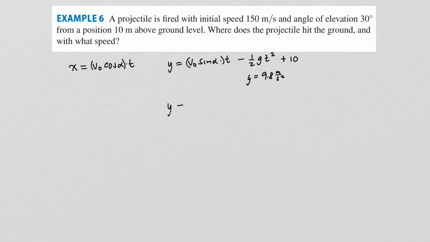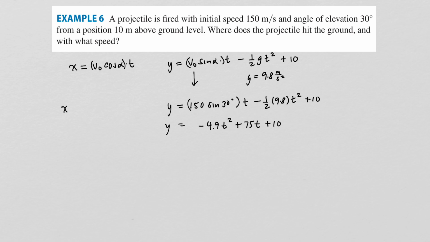So we have y is equal to v naught, which is 150, times sine of alpha, which is the sine of 30 degrees, all this multiplied by t, minus 1/2 times 9.8 times t squared, plus 10. This is negative 4.9 t squared. Sine of 30 is 1/2 times 150 is 75, so plus 75 times t plus 10.